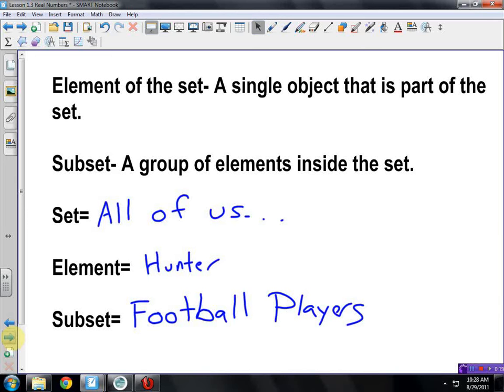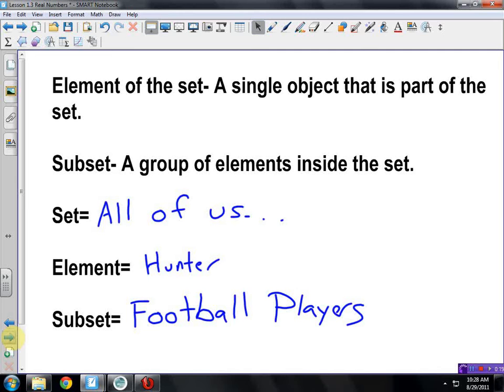But they are a set all their own. There's tons of subsets you can make. You can make a subset of boys, a subset of girls, a subset of people taller than 5'10". You could have subsets of people with blue eyes. You could have subsets of people wearing shoes or flip-flops or whatever, right? You can make all sorts of different subsets. Football players is just an example of one subset.